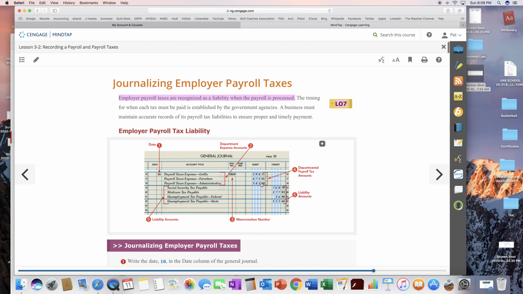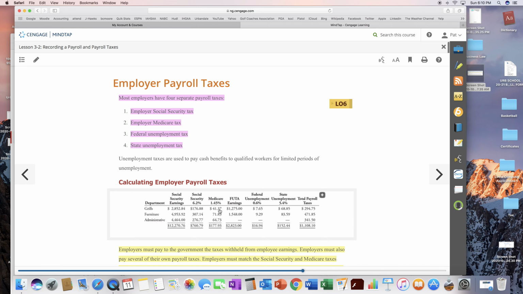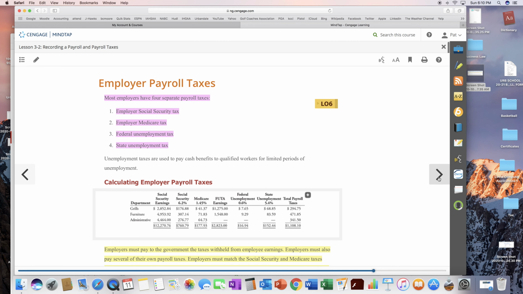We're recording payroll tax expense for all the deductions for each department. We're also recording the total for Social Security, Medicare, unemployment, state, and federal. So again, we're up here. Here's the unemployment, state, federal. These numbers are for the debits here for the Social Security and Medicare.